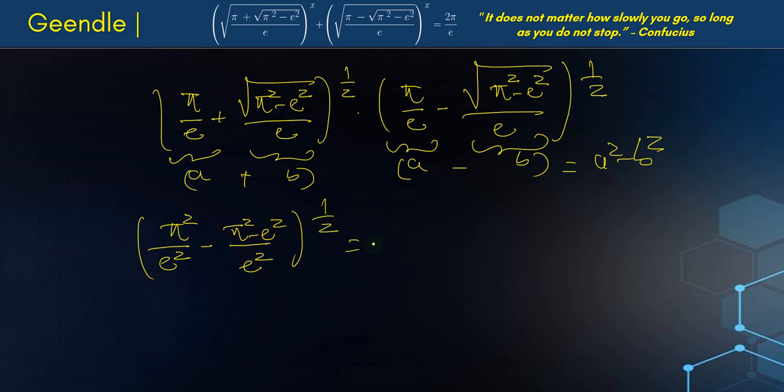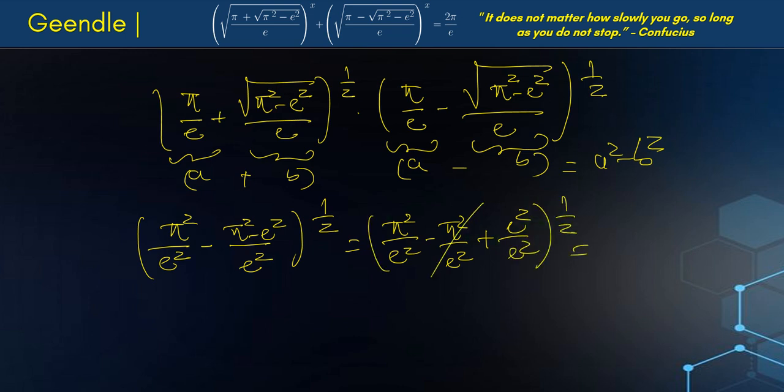So we have pi square over e square minus pi square over e square plus e square over e square, all to the power of 1 over 2, and then this is 0, and we get 1 to the power of 1 over 2. 1 to the power of 1 over 2 is 1, right?